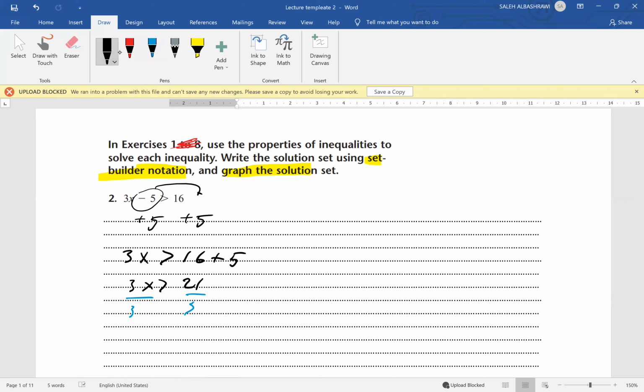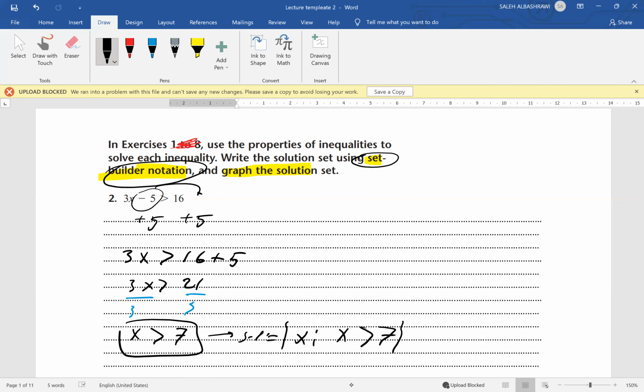So I will have x greater than 7. So we can say the solution set, if you are using the set builder notation, is x where x is greater than 7. This is the set builder notation.